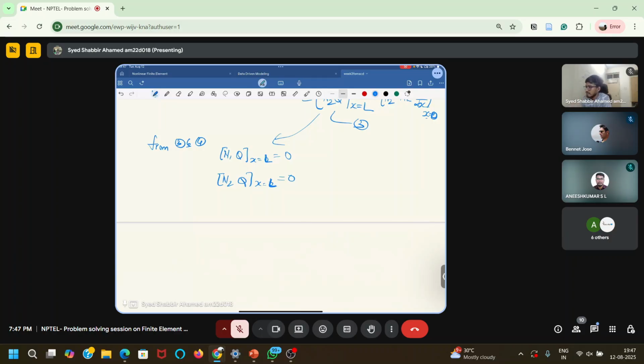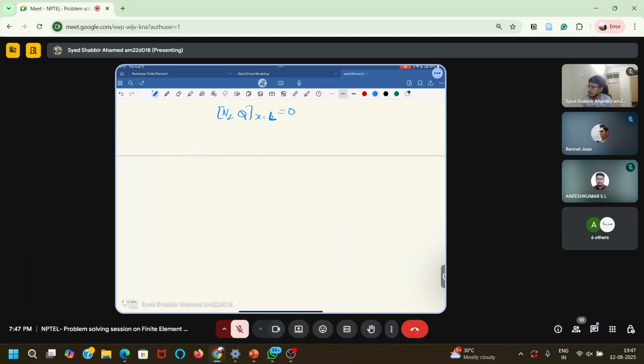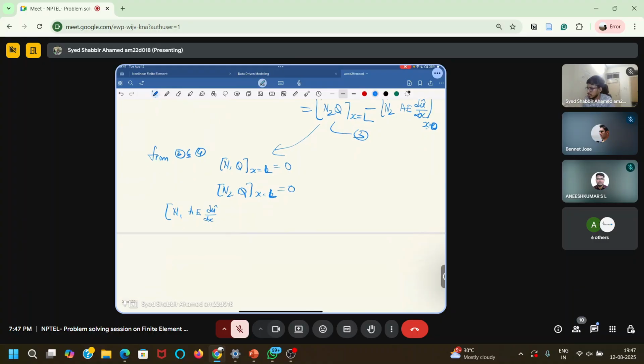And this should also become 0. N1 into dU cap, at x is equal to 0 we are taking. So this at x is equal to 0 will become equal to 0.